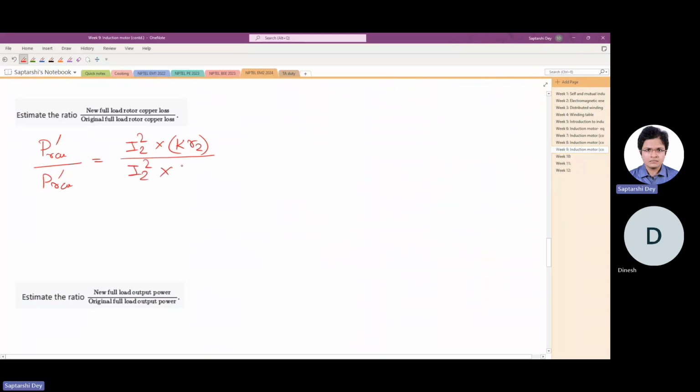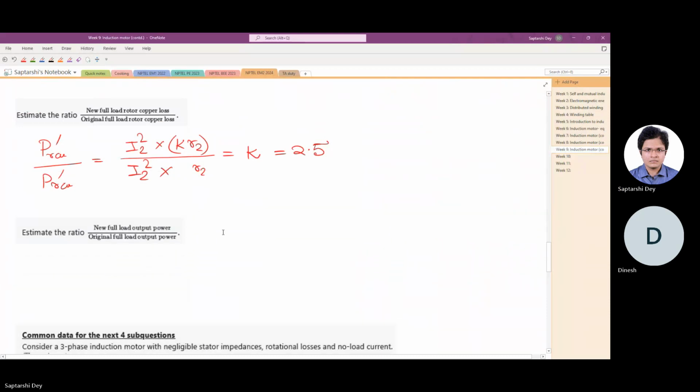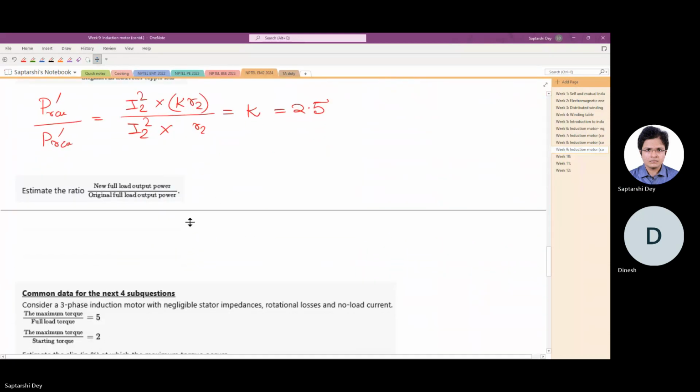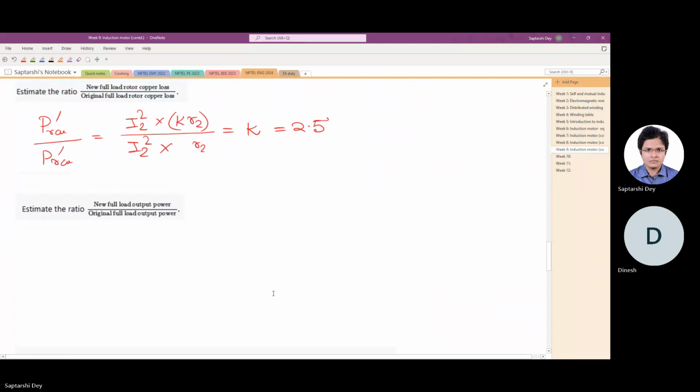We have seen currents are the same. So the ratio is K, which is 2.5.